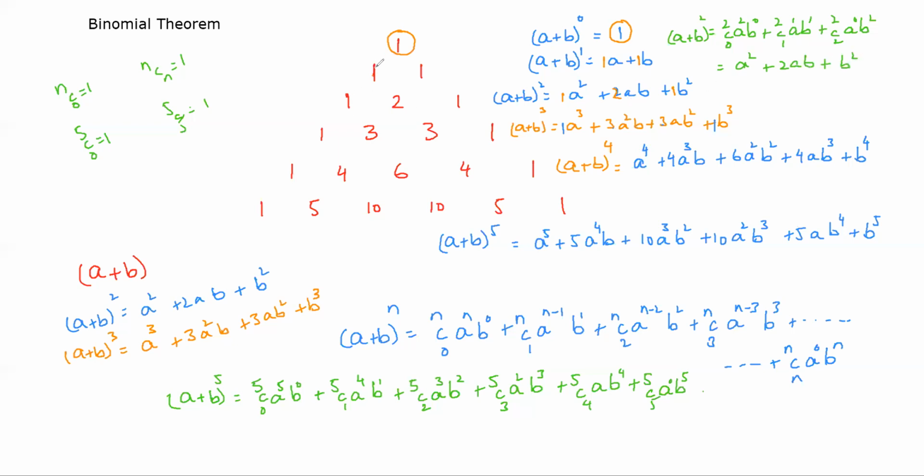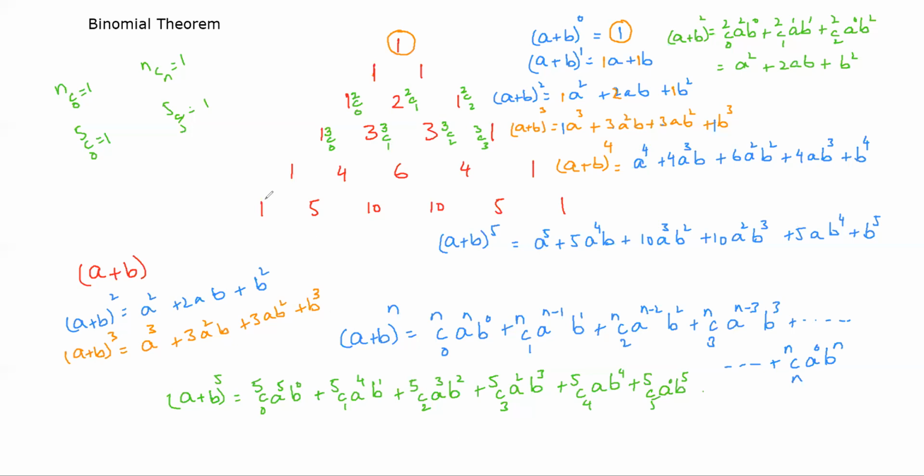So this 1 over here is basically 2C0. This 2 over here is 2C1. And this 1 here is representing 2C2. Similarly, over here for this 1331, this 1 is representing 3C0. This is 3C1. This is 3C2. And this one is 3C3. And similarly for this last one, let me change the color here.